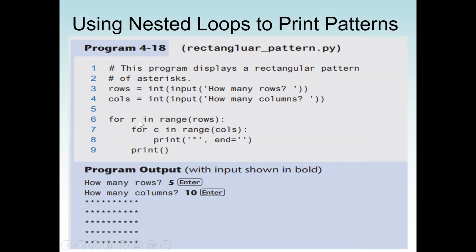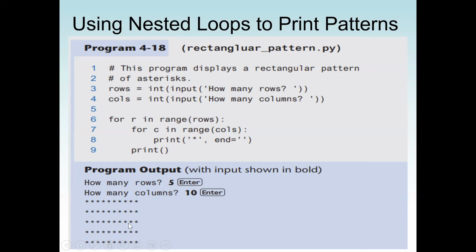Then it will go back to the outer for loop, increase it to 2, which will be the second row, then execute 10 times, increase it to 3, the third row. So we go through that until we finish. That's the statement here. Here we enter 5 for the rows, so we are going to get 5 rows.